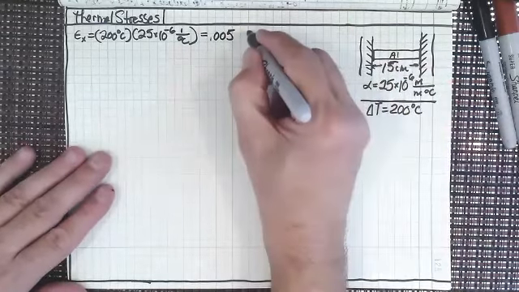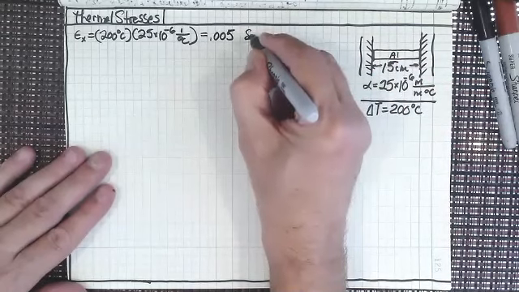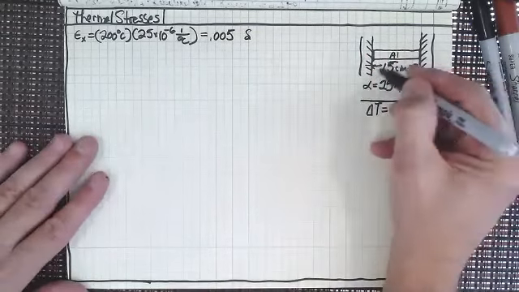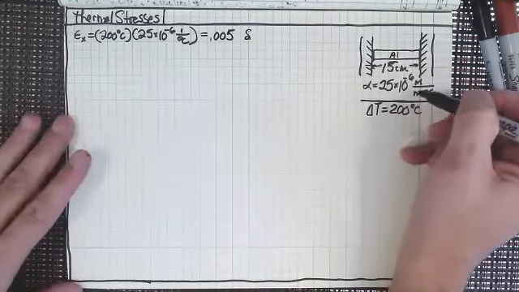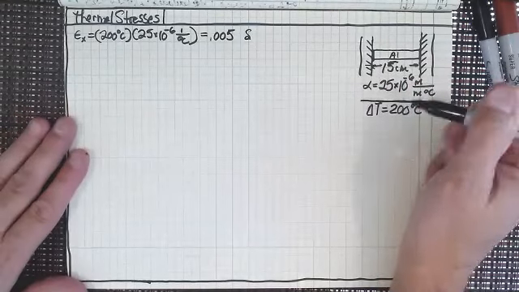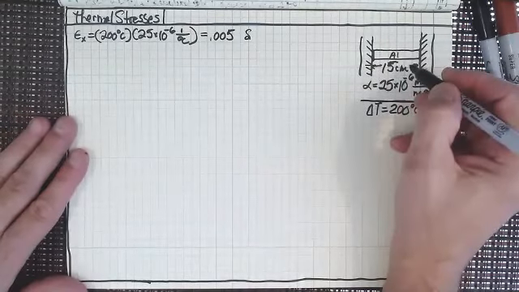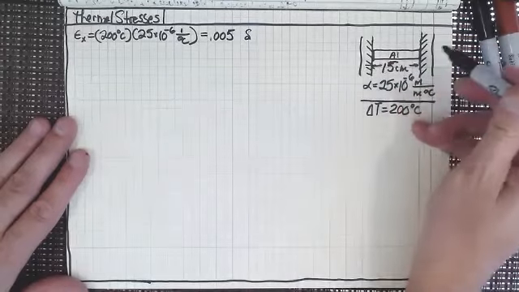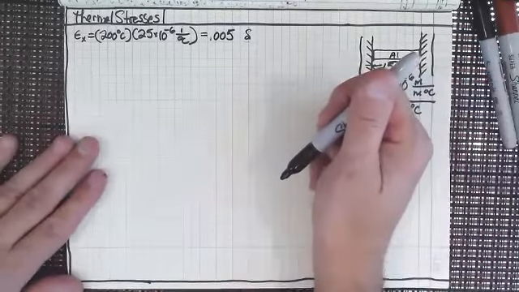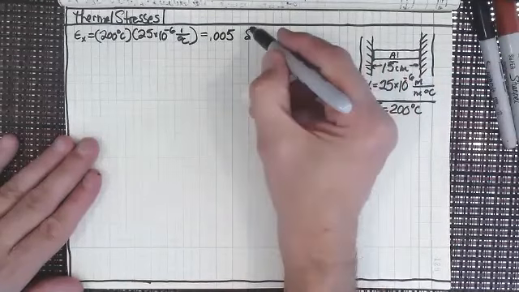So what we really want to find out is the extension, how far this is going to push these two bars apart so that we can squeeze through there. We can't get through 15 centimeters, but maybe we can slim down and get through something a little bit wider than that.